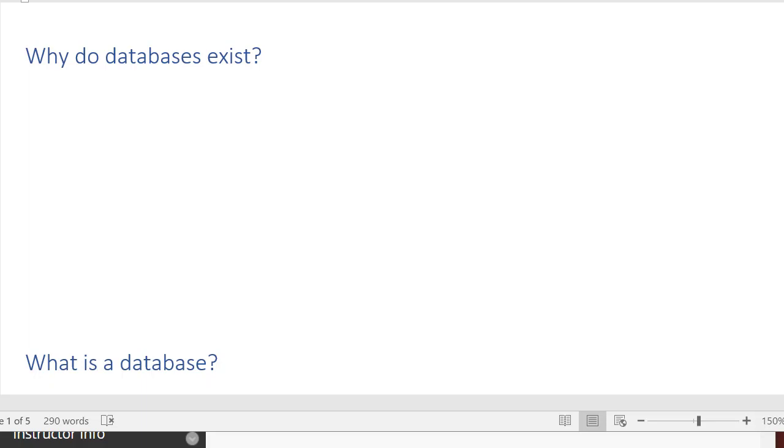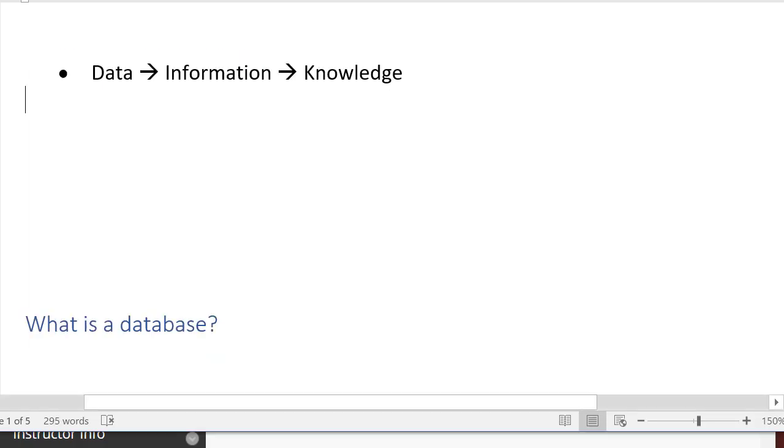When you collect data, it's just raw facts. When you organize those facts, they become meaningful. That meaningfulness becomes information. And when we can make a decision with that, it becomes knowledge for us. You can also think of information as data put into context.